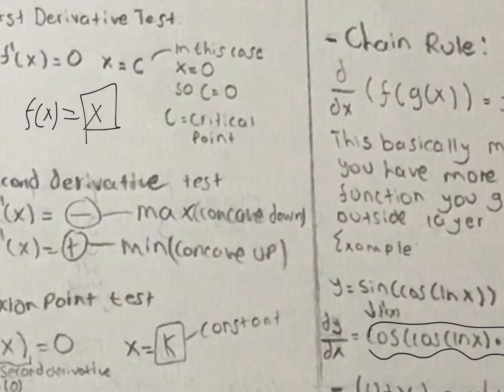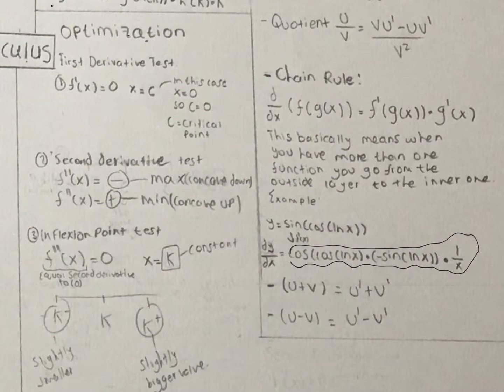Now in this case, the function of x gave us a 0 value. This 0 value will be known as our critical point. If x equals 0 and x equals c, then c equals 0. That's basically saying that.